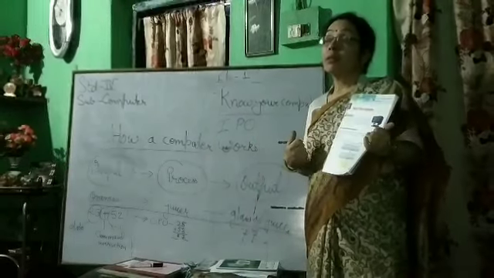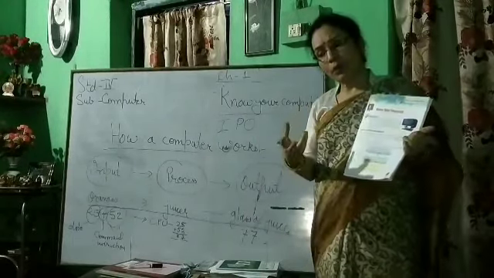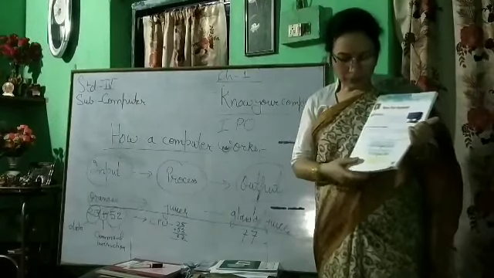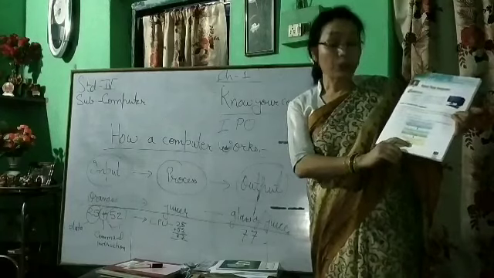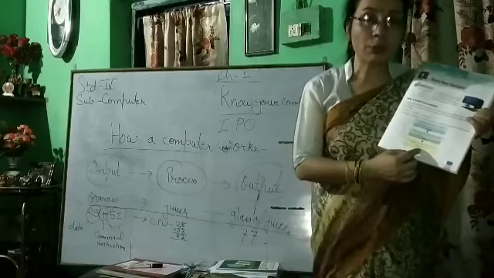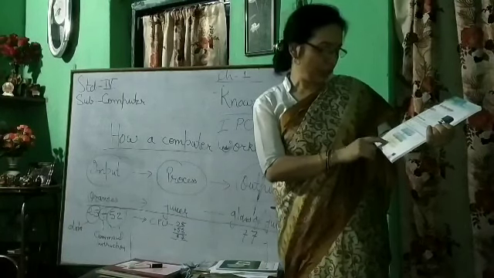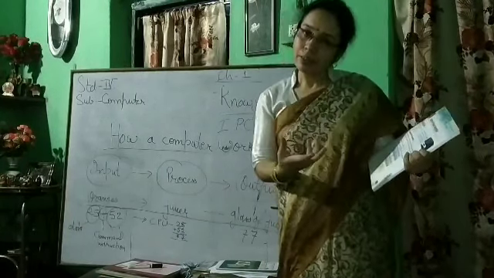Okay, output we can get through a printer also. Now here in the book, the final output is 11. So the display of the result by the computer, 11, that is output.